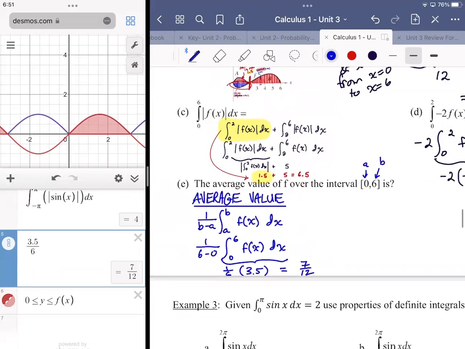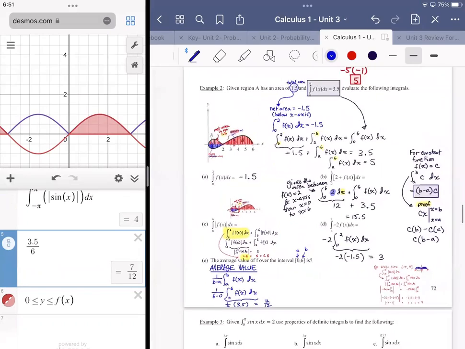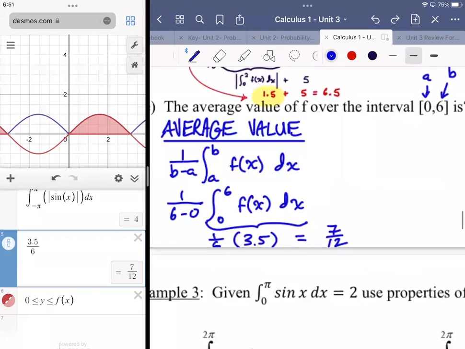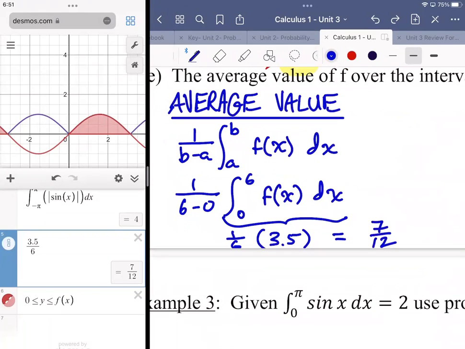And that's all the question's asking, because again, we knew over the interval of 0 to 6, the net area, the net accumulation, decumulation, was 3.5. So that amounted to, if it's a length of 6 over the interval, 7/12 per unit of horizontal displacement. Right.